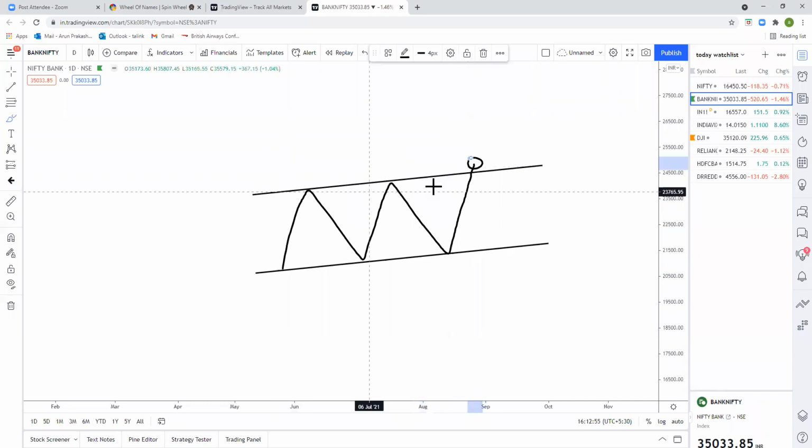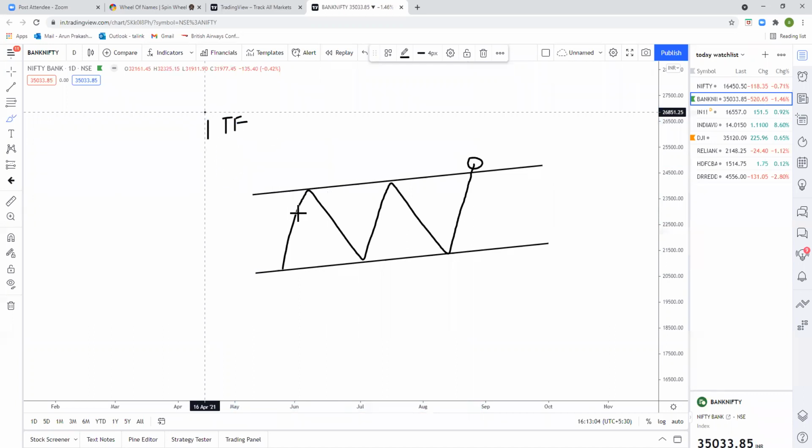Now 2 points you have to remember here. What is the time frame in which you have drawn this pattern? That is the first question you should ask yourself. In which time frame have I drawn this channel pattern? Let's say, for example, it is in the daily time frame. Then you should look at the previous times, how the candlesticks have reacted at the resistance.